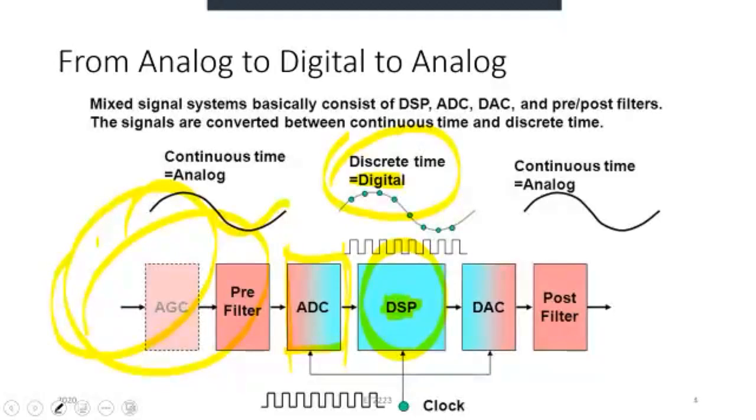Then once that is done, if we want to do some further controlling of these external analog systems and we need to forward information to those systems, we will have to again convert it back into analog information through digital to analog conversion and produce analog signals that can be forwarded on.